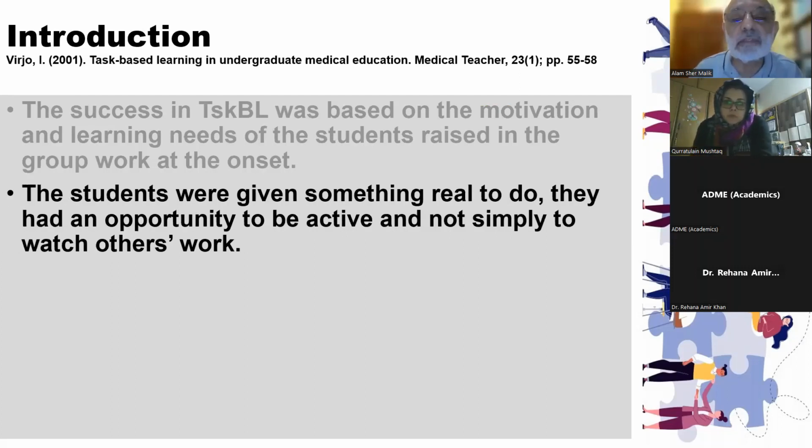The students were given something real to do. They had an opportunity to be active and not simply to watch others work. So this is a second reason why task-based learning is more popular among students and helps in learning.